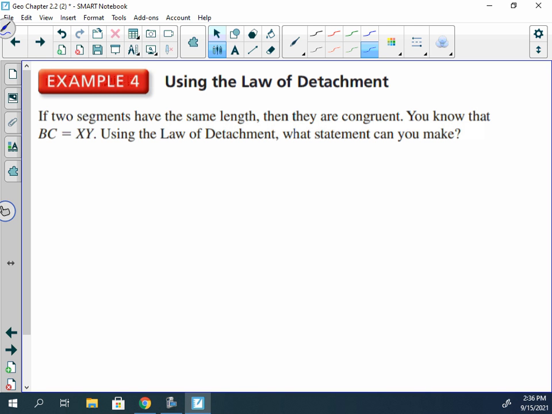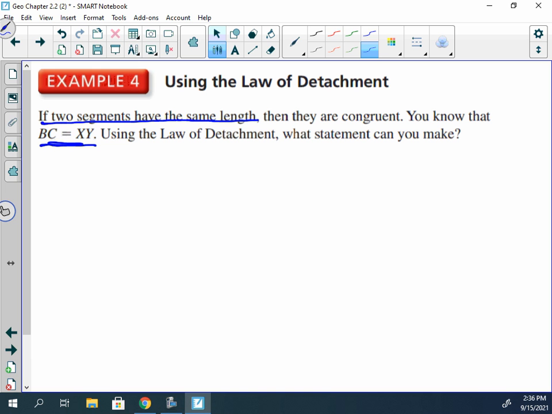What's the hypothesis of our statement? If two segments have the same length. Can we say that's true with BC and XY? Well, yes, they told us that they have the same length. So according to the law of detachment, because the hypothesis is true, they told us this, it means the conclusion must also be true.